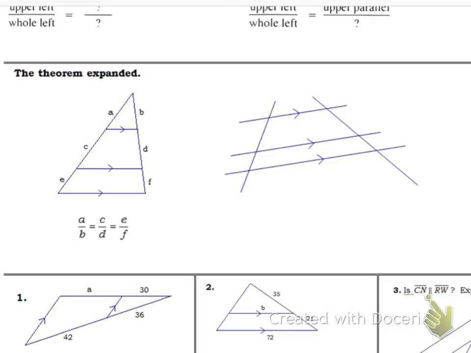I wrote 15, 10, y, and 14. All right, 15, 10, y, and 14. So we need to put that here.